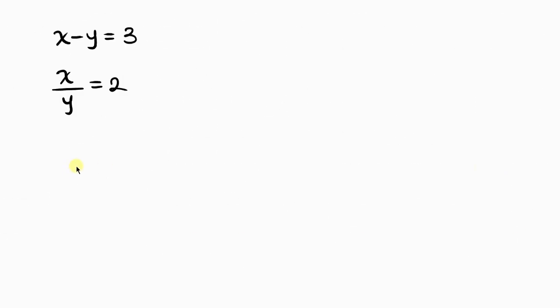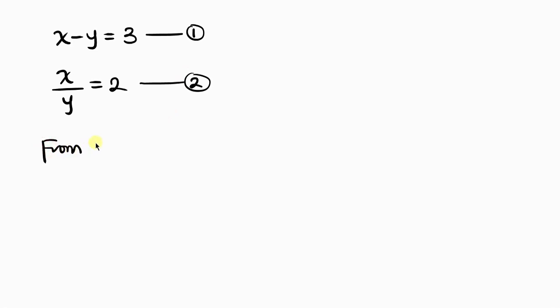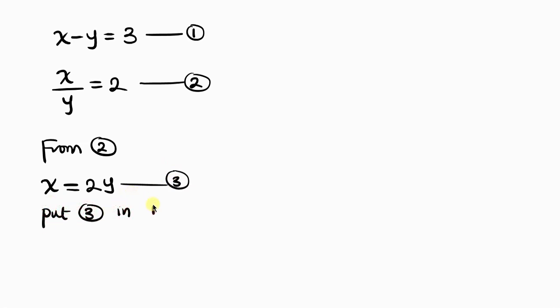All right. Now, we can call this equation 1 and call this equation 2. Then starting from equation 2, we're going to be cross multiplying. So let's cross multiply. When I cross multiply, I'll have x to be equal to 2y. So x equal to 2y, and I'll call this equation 3. Now let's put equation 3 in equation 1.